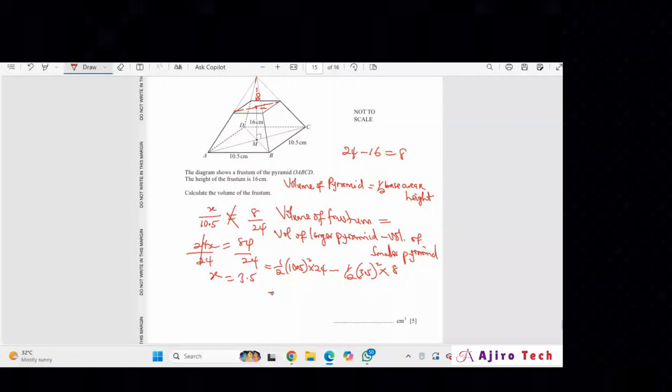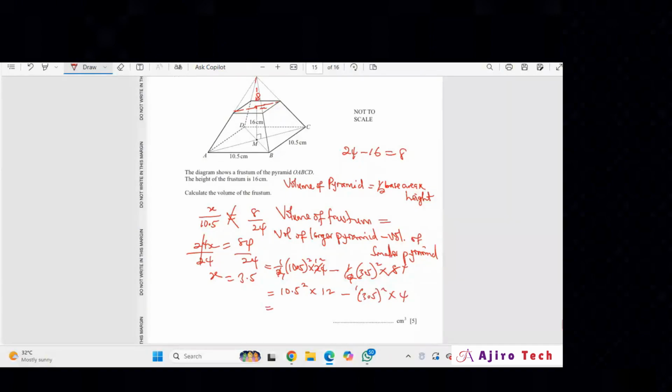So from here, 2 times 12 is 12, so it will be 10.5 squared times 12 minus 2 times 4, that will be 3.5 squared times 4.